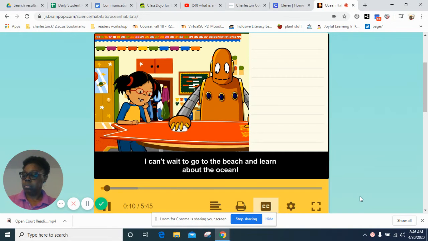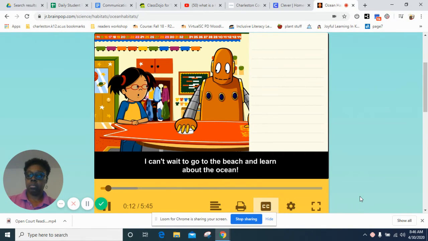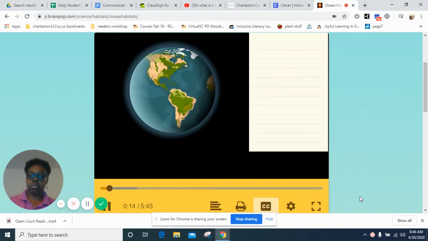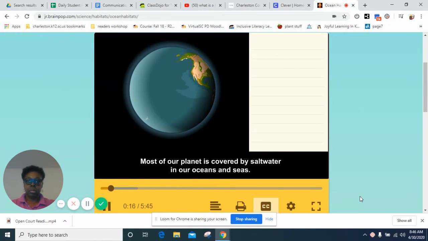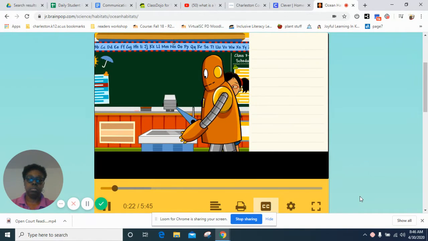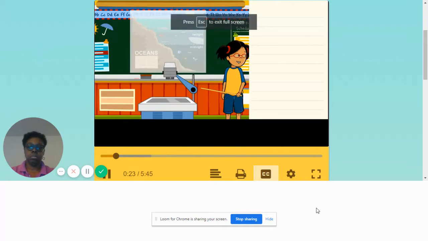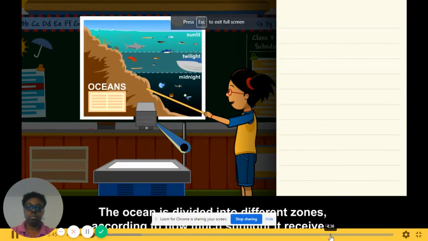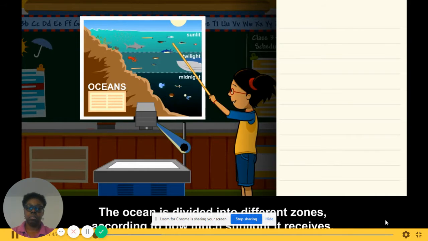I can't wait to go to the beach and learn about the ocean. Most of our planet is covered by salt water in our oceans and seas. The ocean is divided into different zones according to how much sunlight it receives.